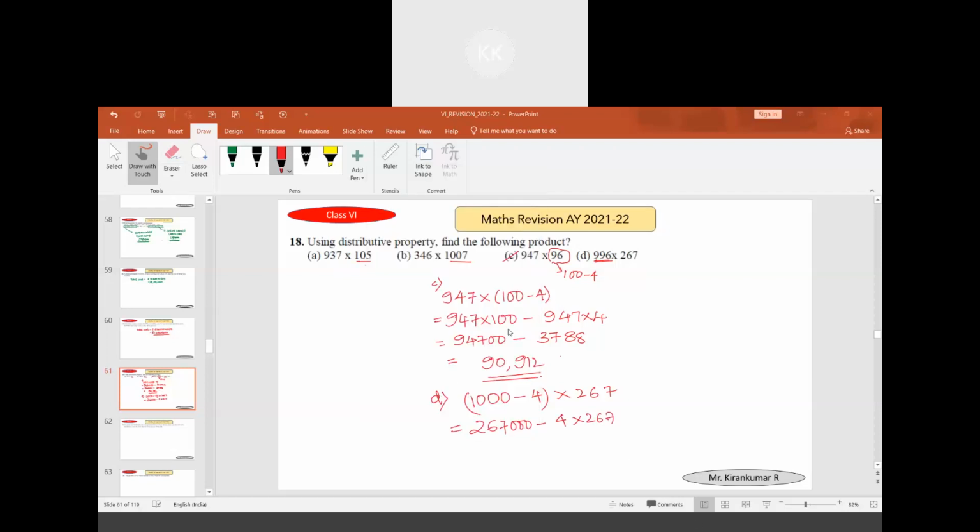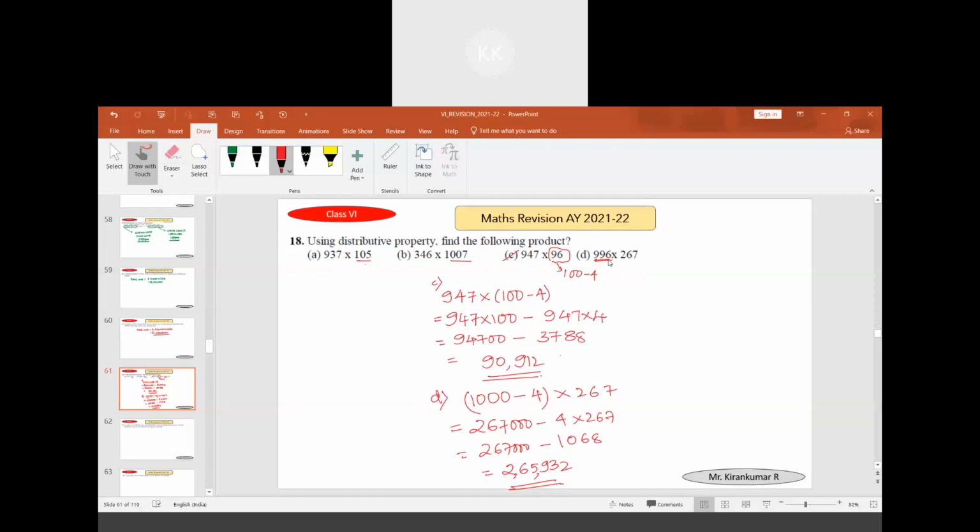Multiply 267 with 4, we get 1068. The result will be 2,65,932. And now check it.